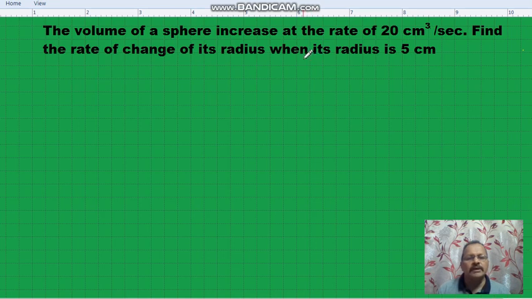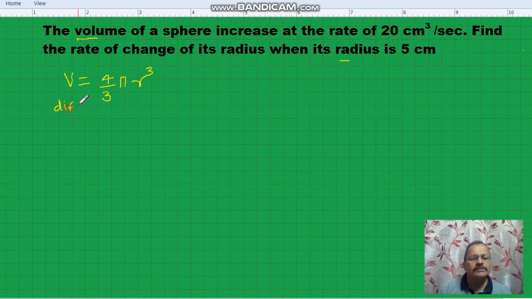So initially we have to write a formula for volume in terms of radius. The volume of sphere is given by V is equal to 4 by 3 pi r cube.